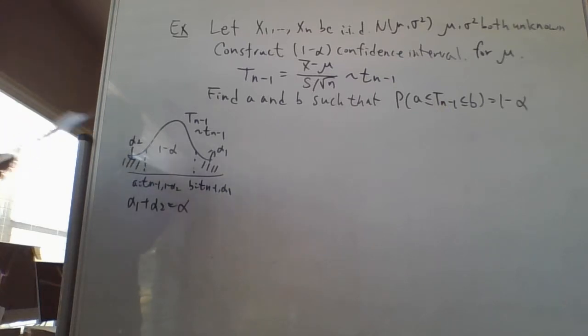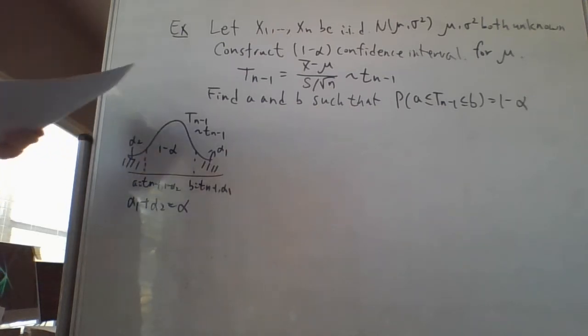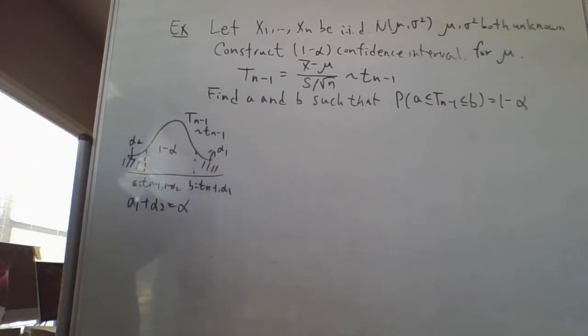So that the lower tail probability is alpha 2 and upper tail probability is alpha 1, so that the middle probability is the 1 minus alpha, which is the confidence coefficient.